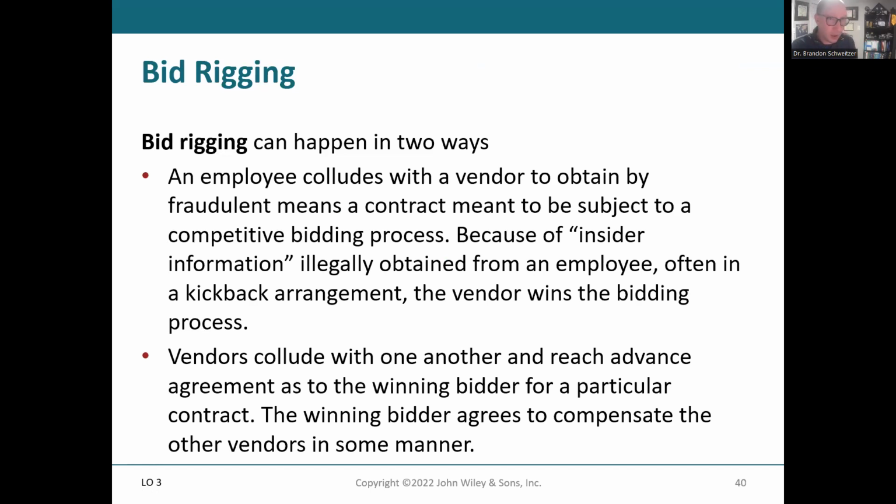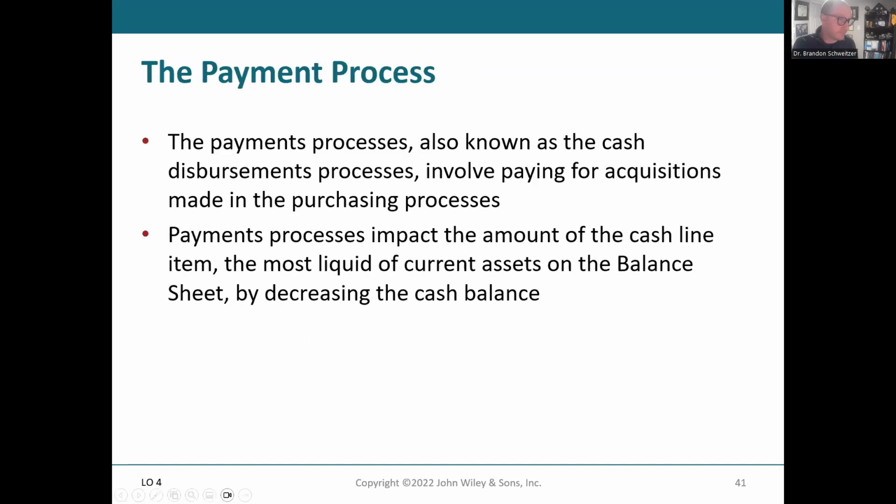Sometimes rigging of those bids comes into place. Employees collude, or the vendors collude, right? So it's very curious sometimes. So be aware of these risks. Avoid any type of kickbacks. Avoid any type of other issues when it comes to contracting.